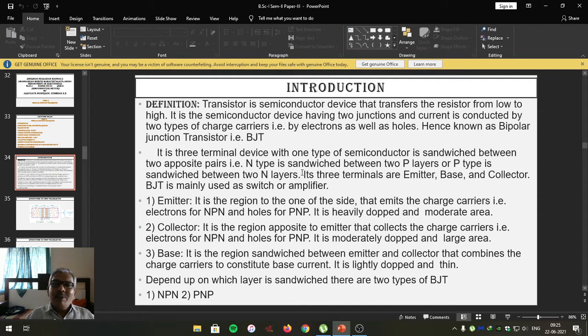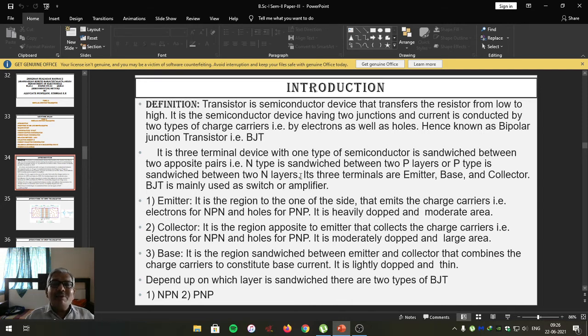Friends, if N type of semiconductor is sandwiched between two P layers, it is called a PNP. And if P type of semiconductor is sandwiched between two N layers, it is called an NPN.